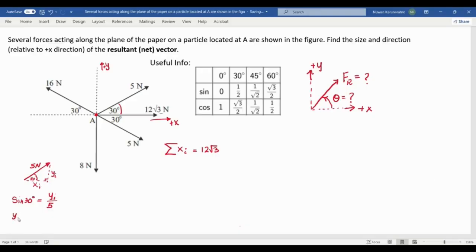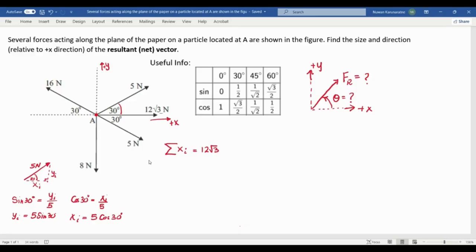And then I'll get yi as 5 sine 30 degrees. Similarly, cosine of 30 degrees is equal to xi divided by 5. In other words, xi is going to be 5 cosine 30 degrees. So that's how you are going to resolve all the vectors along the x and the y direction. You're basically going to use sine and cosine.